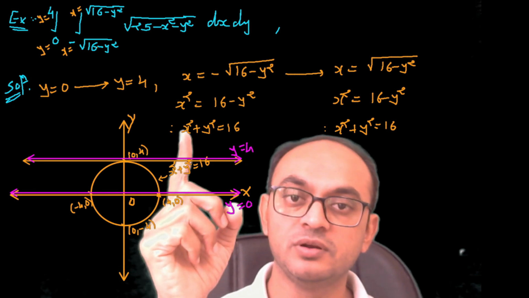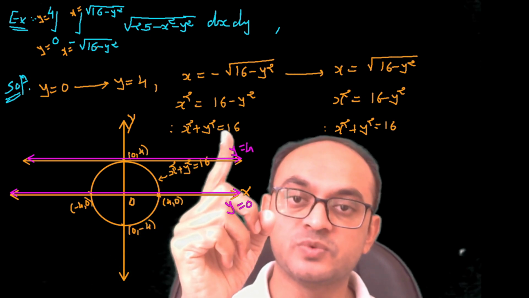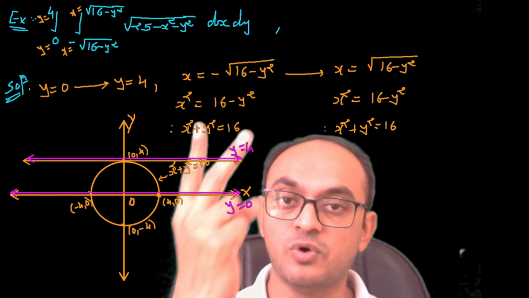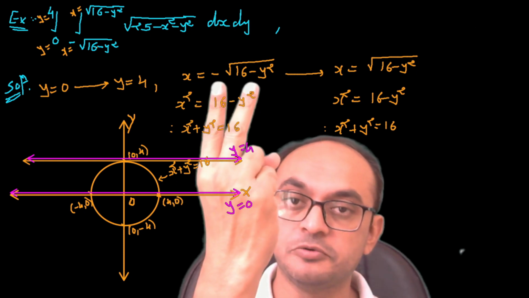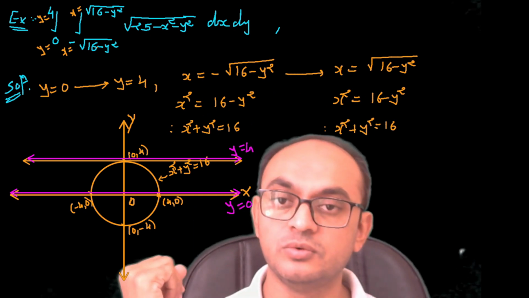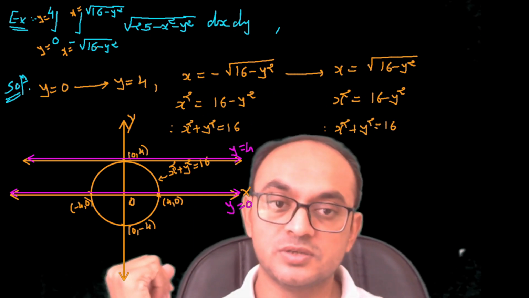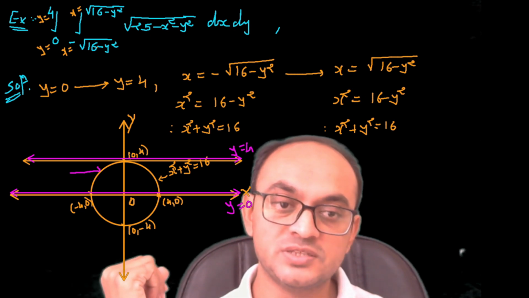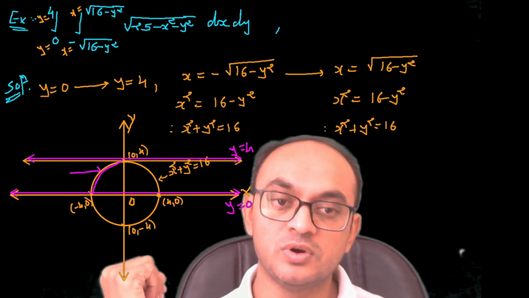Now what we have given? Circle x square plus y square equal to 16. So if you observe the lower limit, then x is equal to minus and x is equal to plus, right? So actually it fixes this thing. Equation of this portion, this is what?